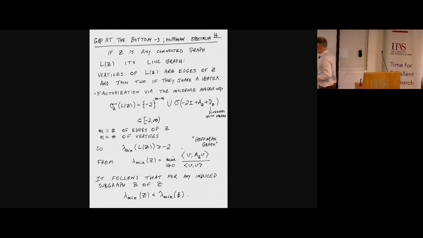Okay. So if you do this, you immediately see this is non-negative. That's easy. So the spectrum of a line graph of any graph is always between -2 and infinity. Always. And you can see what's at the bottom. If that's got no kernel, then it's -2 with some multiplicity. And this Hoffman observed.